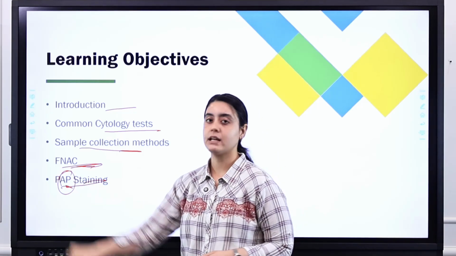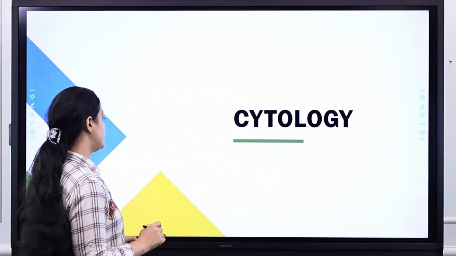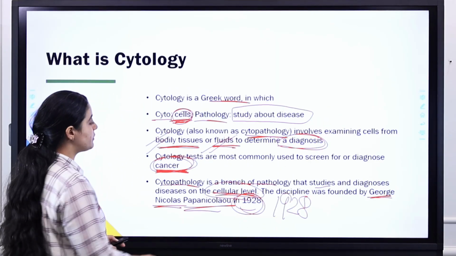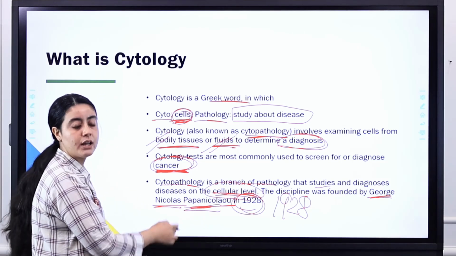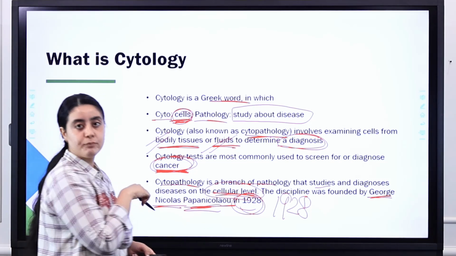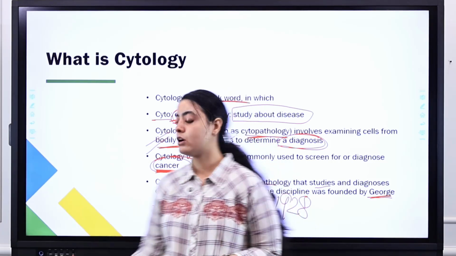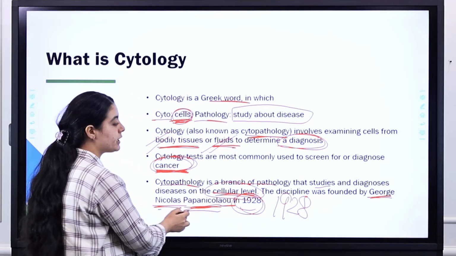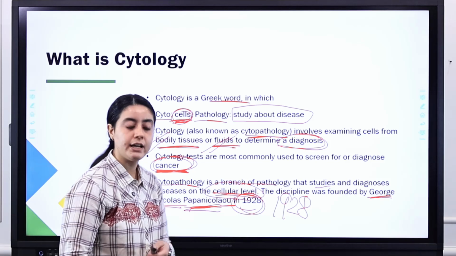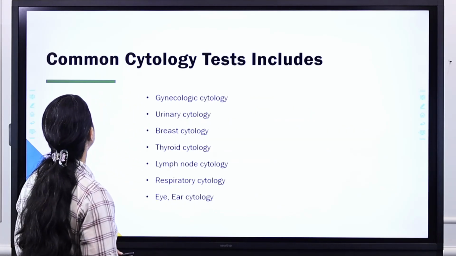This Pap stain is named after the scientist Sir Papanicolaou. So this category of pathology, cytopathology, was developed by Sir George Nicholas Papanicolaou in the year 1928. Let's move forward.